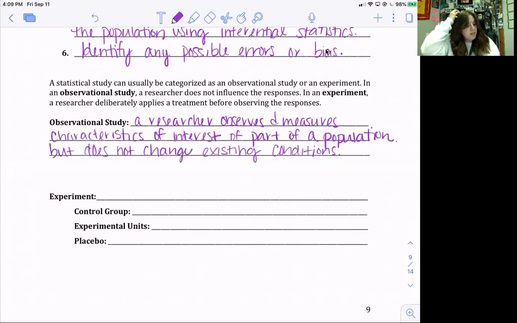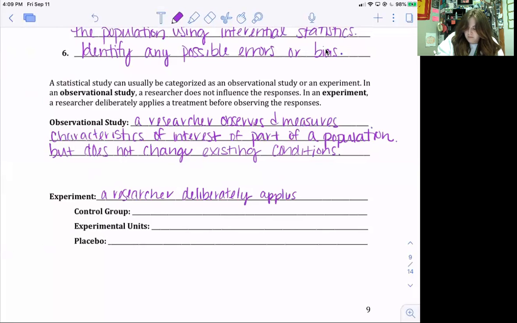So an experiment is when a researcher deliberately applies a treatment. Okay. So this is something that you can use a lot in science.